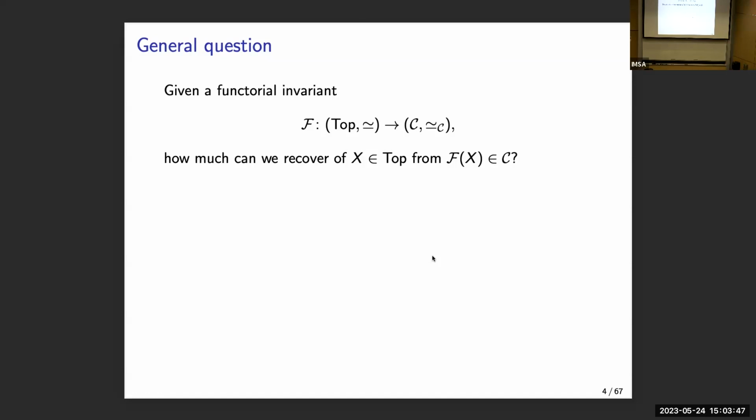Or can we recover X functorially from f of X? Usually C is some sort of category that unlocks some effective analysis about qualitative or quantitative properties of the space. Usually the objects of C have some combinatorial structure or some algebraic structure.